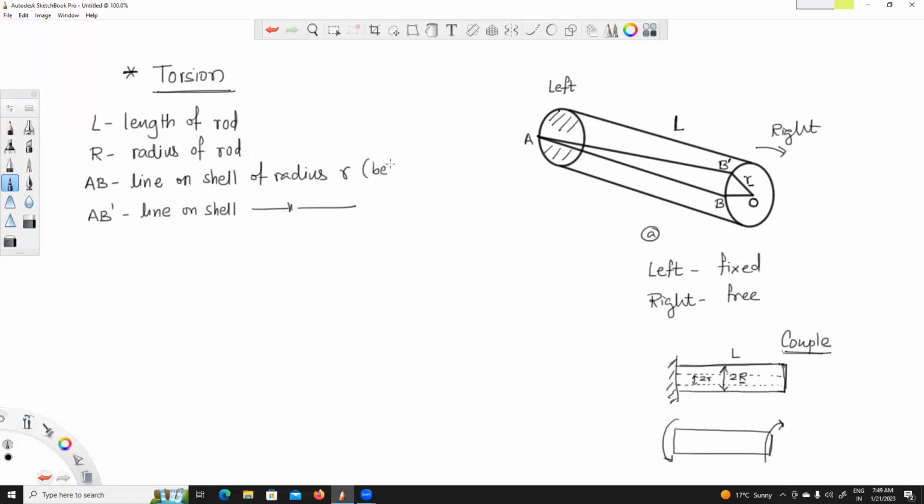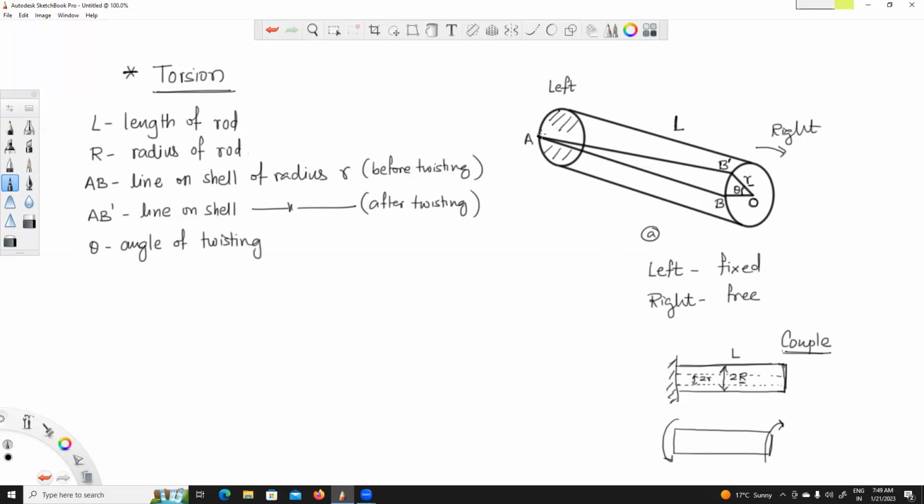This AB is before twisting, so we can call it the original, and this AB dash is after twisting. Let us say the angle by which point B is twisted is theta. This is called the angle of twisting.